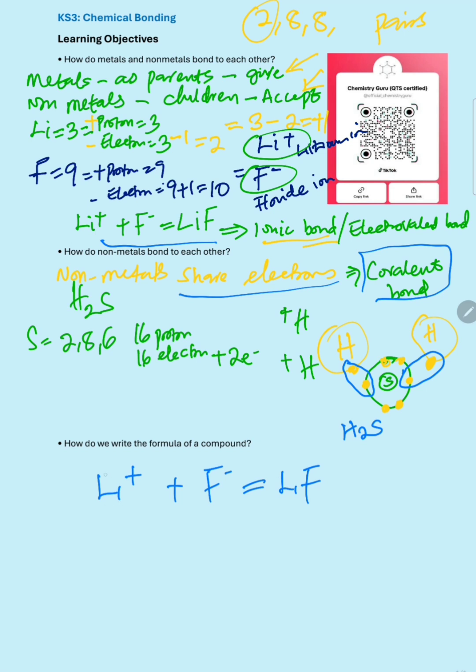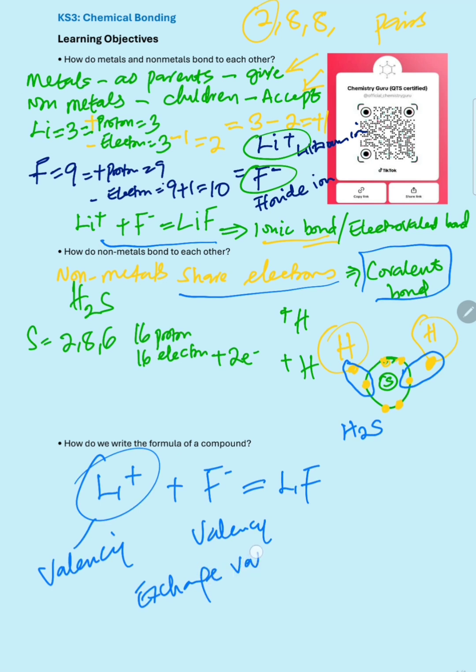They come together, showing us their valencies. Let me just use the singular instead. And they tend to exchange valencies. Right? And then they come together, cancel out each other, and then we get LiF.